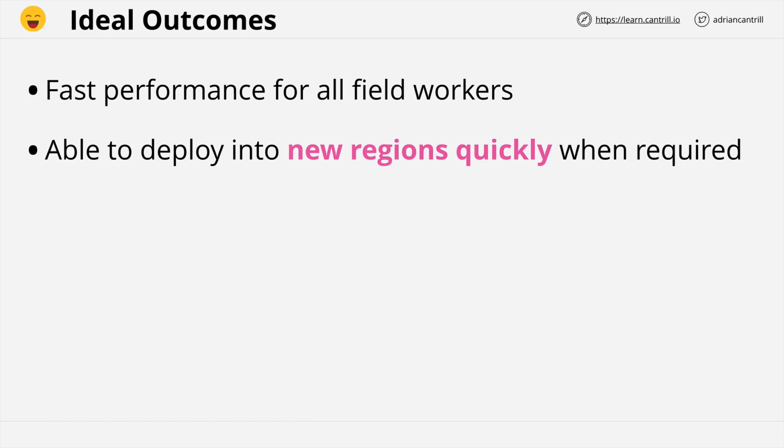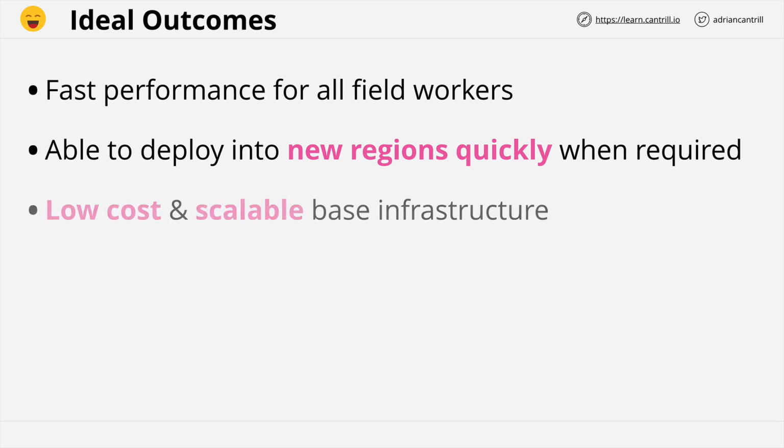So the infrastructure would be spun up quickly to meet a business need and then torn down when no longer required. Now, the business is incredibly cost conscious. It wants to use its limited funds to help animals in need. And so, ideally, the base cost for the infrastructure platform should be as close to zero as possible while meeting their requirements.